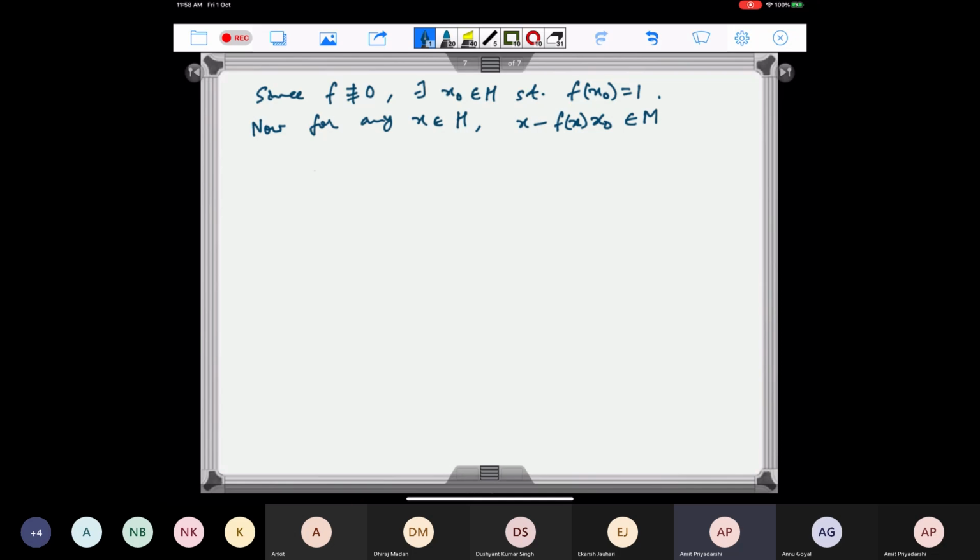So this x minus f x times x naught is in the kernel of f, and w was in M perp, so therefore x minus f x x naught inner product w is equal to 0.